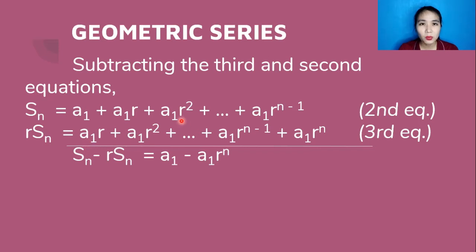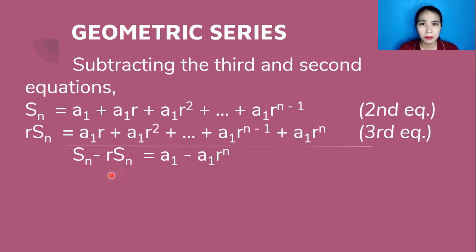And then the same thing with a sub 1 times r squared plus negative a sub 1 times r squared will also be cancelled, until we bring down the a sub 1 times r raised to n. But this time, since we changed the sign of this, we'll now have here negative a sub 1 times r raised to n. So therefore, we have here S of n minus r times S of n equals a sub 1 minus a sub 1 times r raised to n.